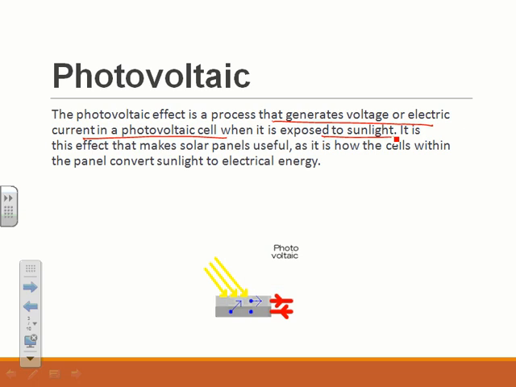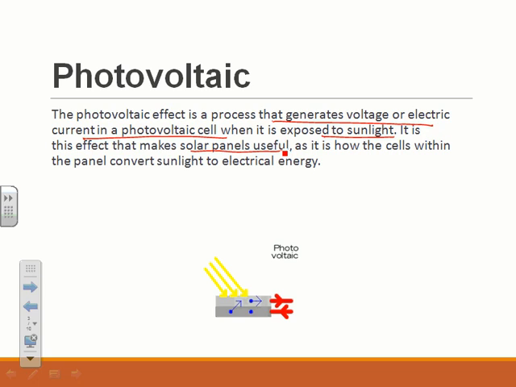An example of the photovoltaic effect is the solar cell. Here the solar cell converts light energy into electrical current. It is this effect that makes solar panels so useful, as it is how the cells within the panel convert sunlight to electrical energy.